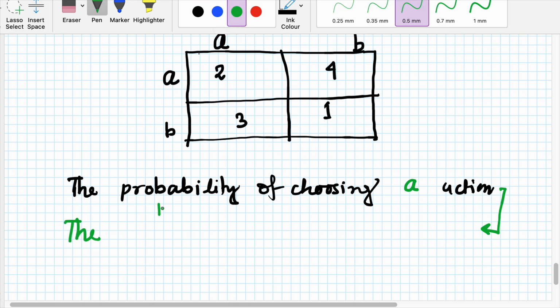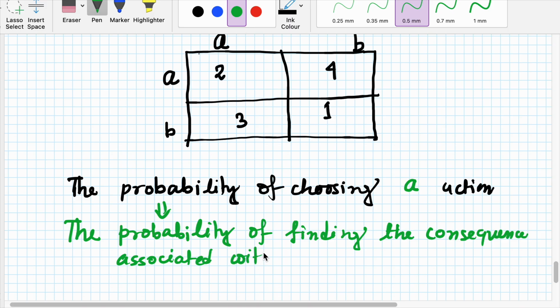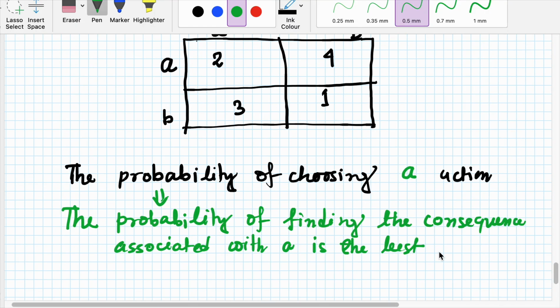this implies the probability of finding the consequence associated with A is the best.